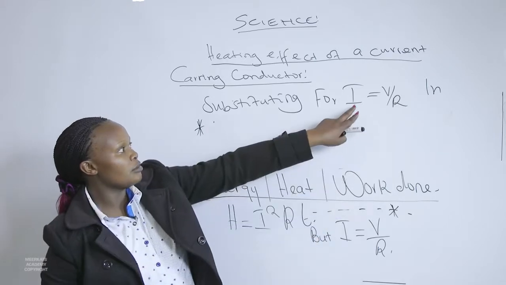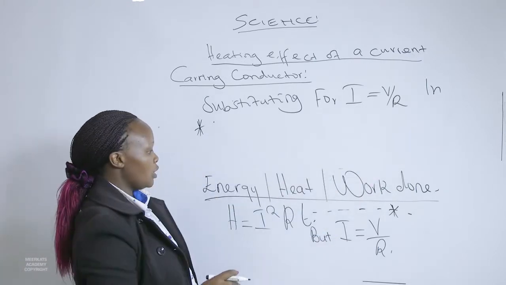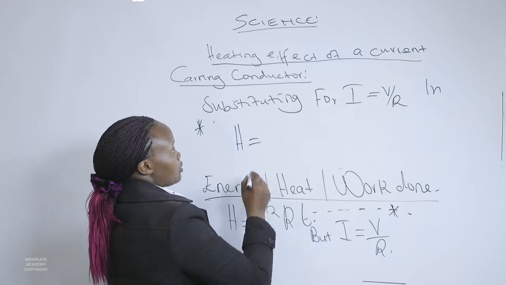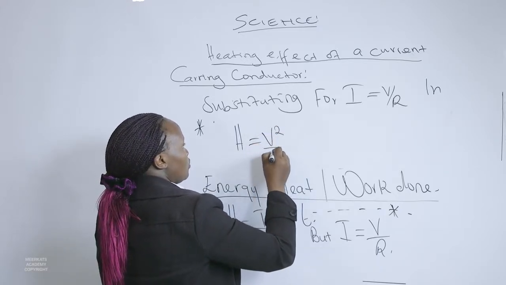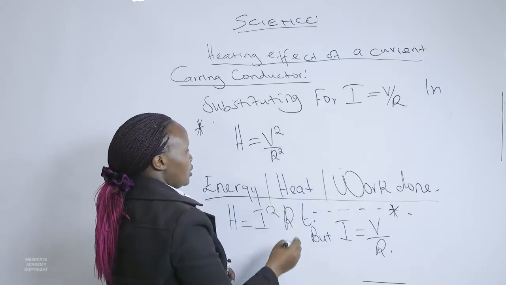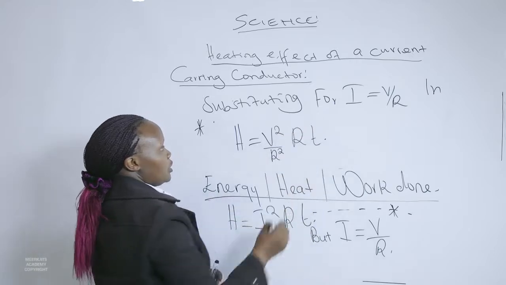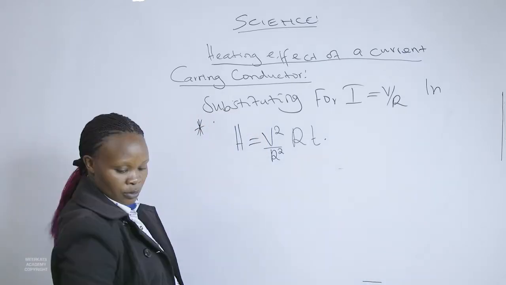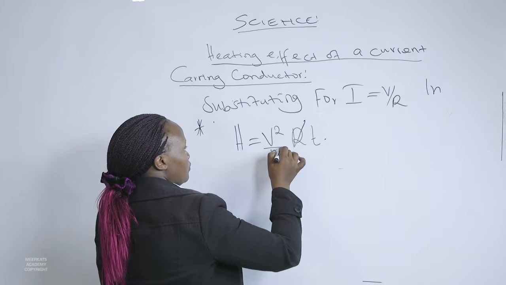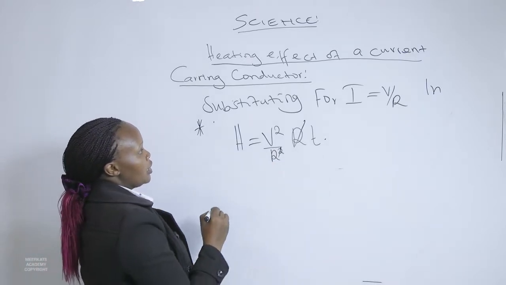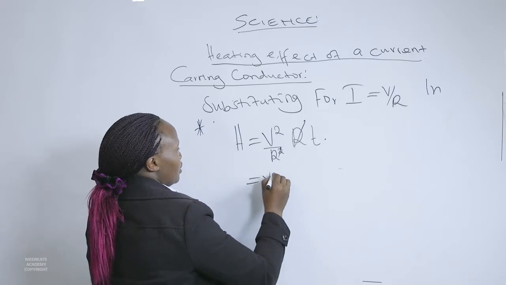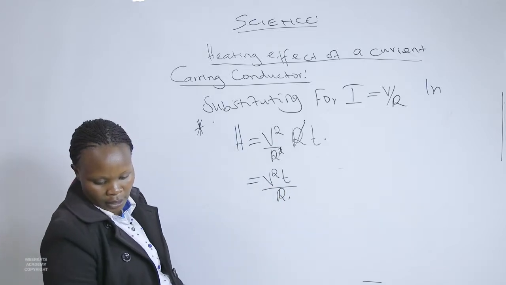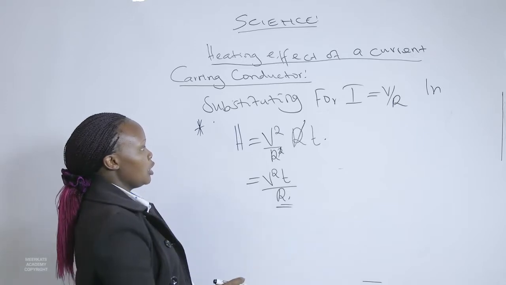Therefore, in place of I, we can put V over R, so that now our heat, or the work, or the energy is going to be V squared over R squared, then R T. Now, we can cancel the like terms, so that one of the R's goes, and we have V squared T over R as our new expression, V squared T over R.